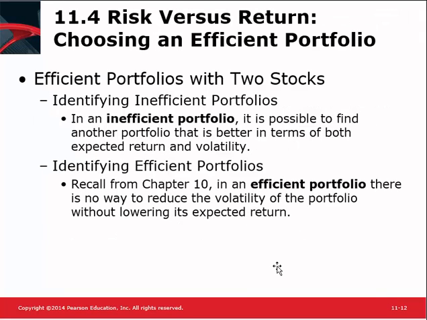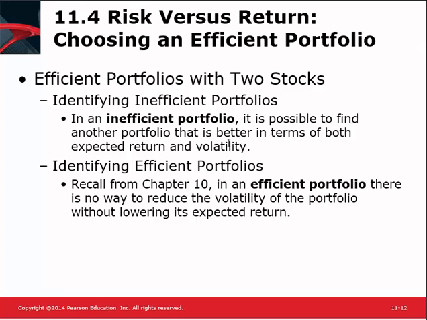So, let's move on. Let's talk about the concept of an efficient portfolio, right? The general objective in investing is to try to find stocks that are going to provide the best possible return at the lowest possible risk. If a portfolio is inefficient, it means we haven't found that portfolio yet.